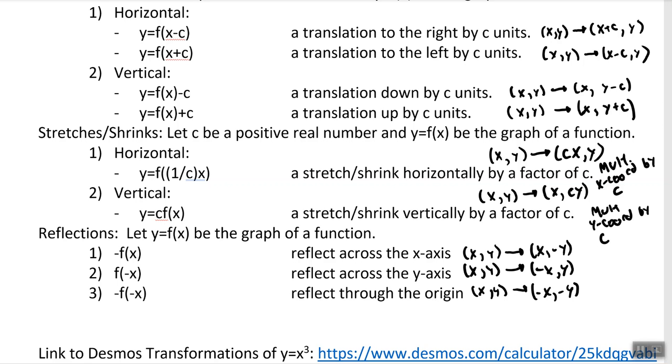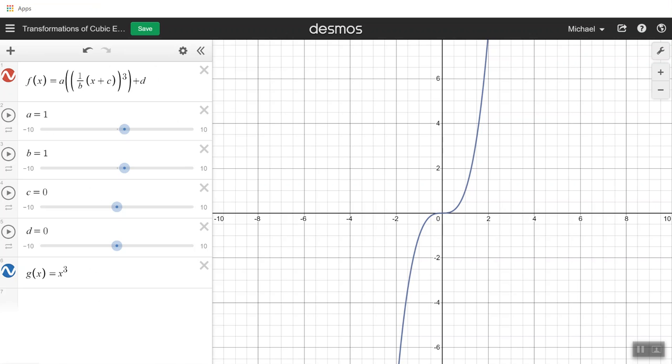So really you want to focus on 1 and 2. And I will make a note, these reflections do get a little more complicated when you start adding in the other translations. We'll see some in the examples of what I mean by that exactly. And we can see this exact same thing in this Desmos tutorial here as well. If I choose to, instead of having a be positive, make a be a negative number, we see it's flipping over the x-axis.